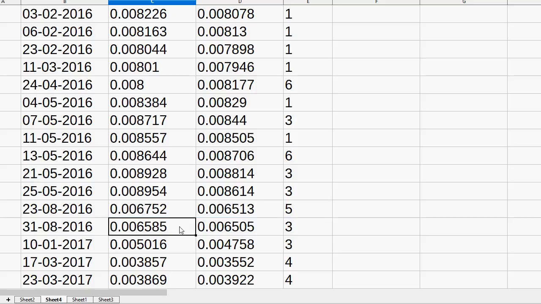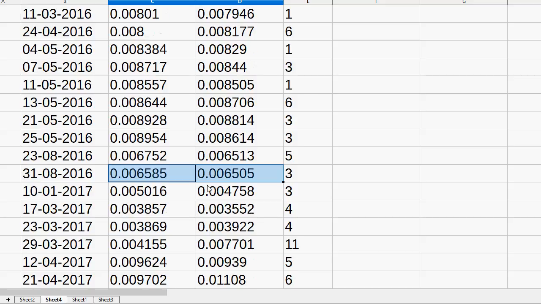Buy back a little more expensive here, small loss. Buy back much cheaper, really, 65 to 50. That's a decent amount, small loss. And then here and here, small loss. Here and here, small win.